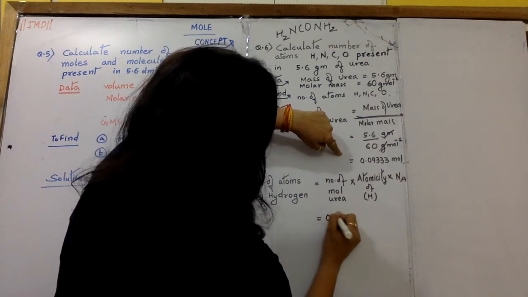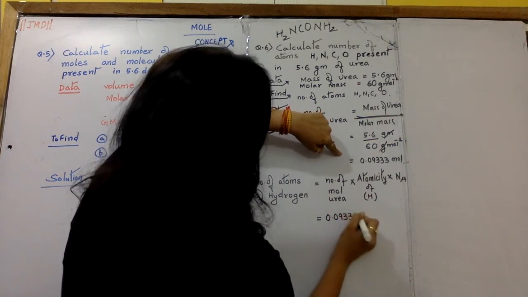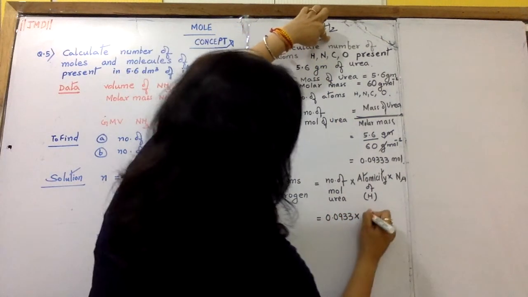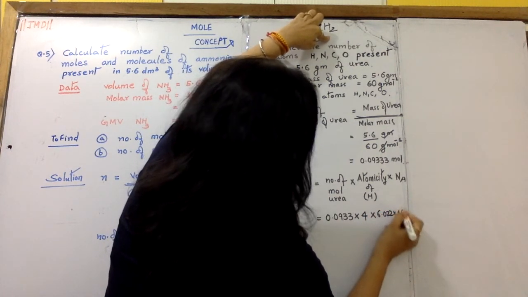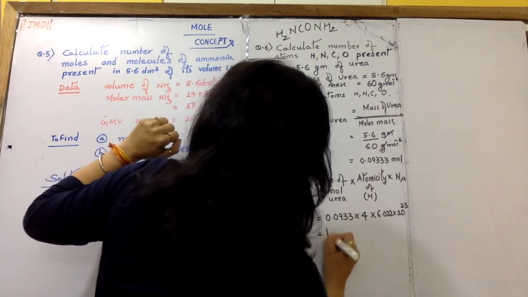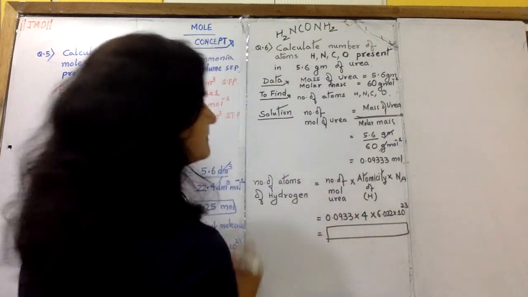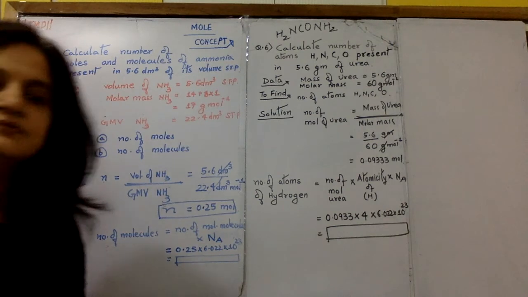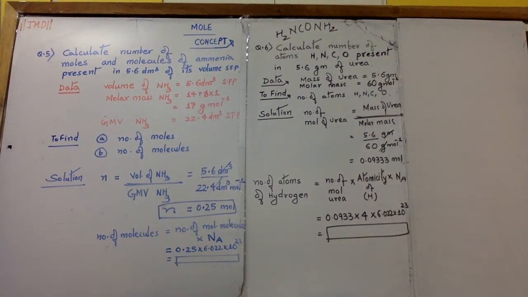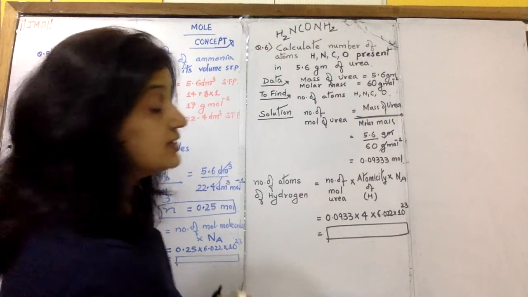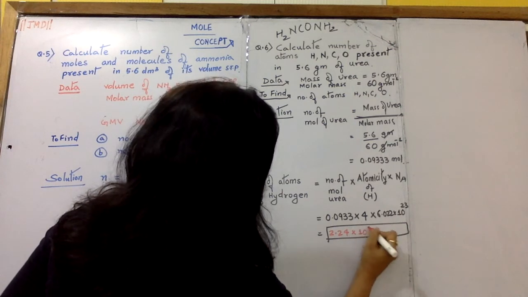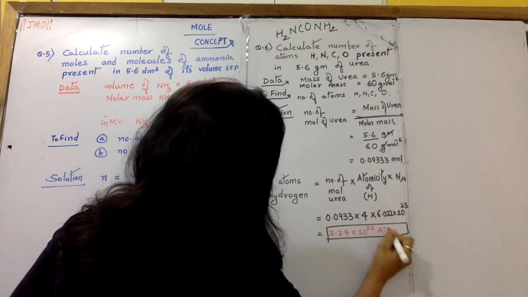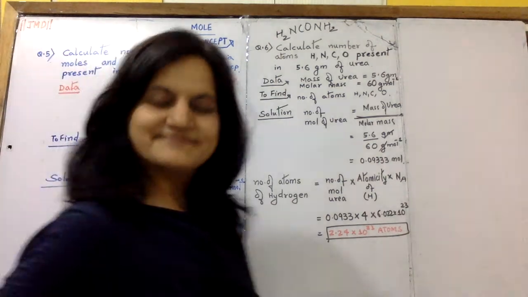So the number of moles of urea is 0.0933 into how many hydrogens, 2 + 2 is 4, into 6.022 into 10 raised to 23. You can multiply and write the answer. Do you need my help? Okay, one I will tell, the rest I will not tell. It will be 2.24 into 10 raised to 23 atoms of hydrogen.